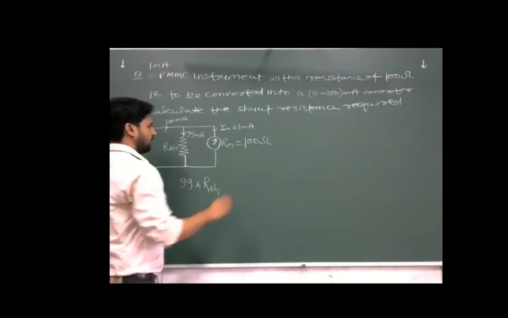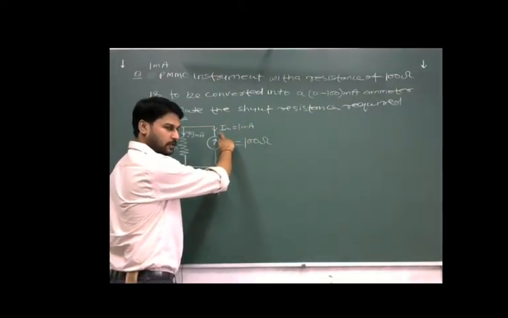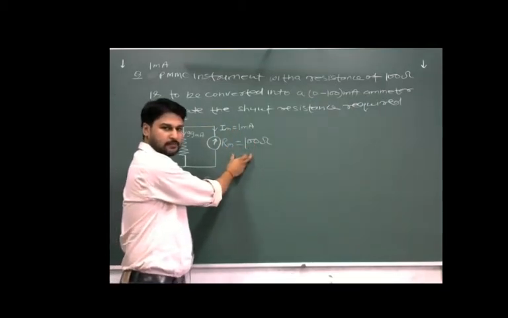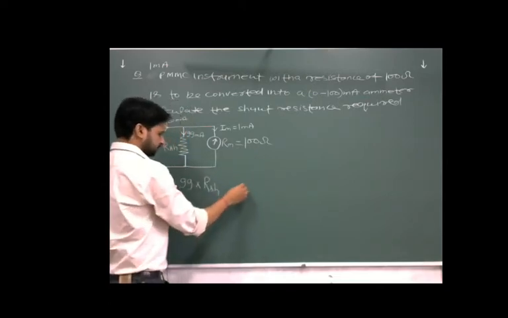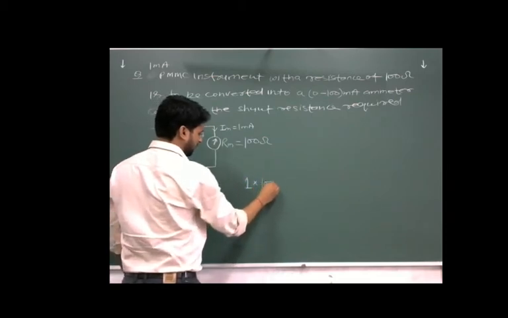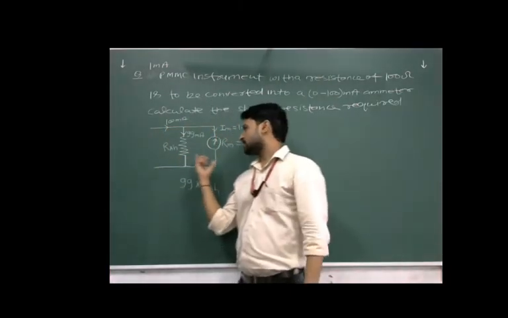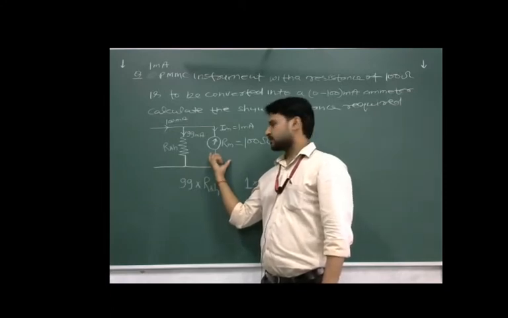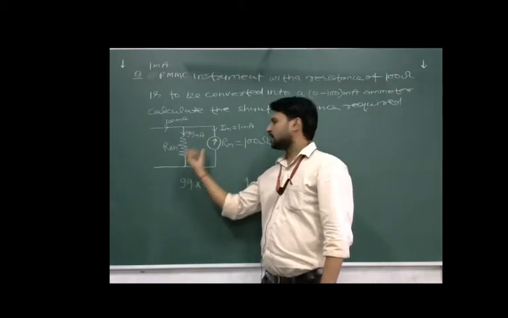Similarly, we can find the voltage in the other branch. The voltage across the ammeter will be the current multiplied by the resistance of the coil, so 1 milliampere into 100. Because these two branches are parallel to each other, the voltage across this branch will be equal to the voltage across the other branch.